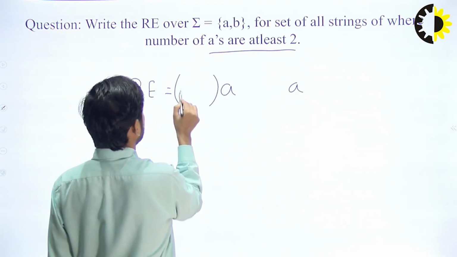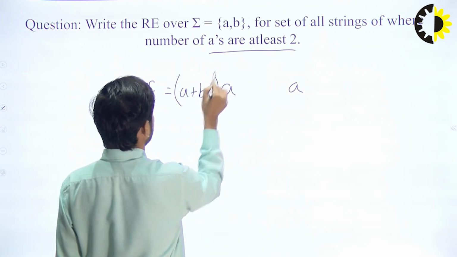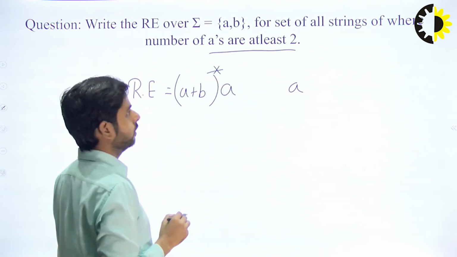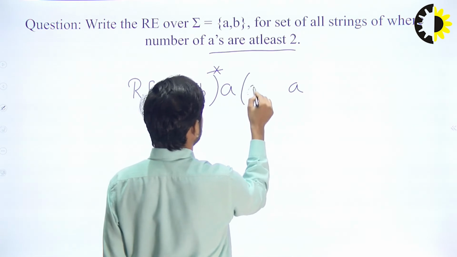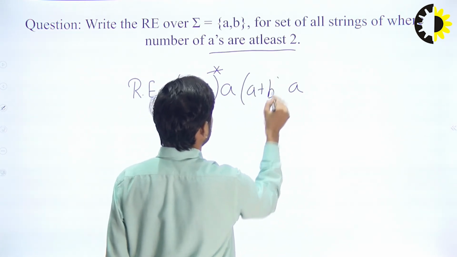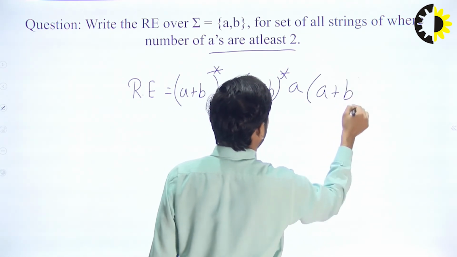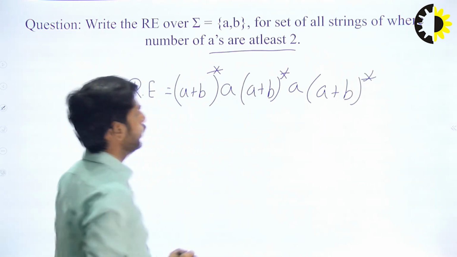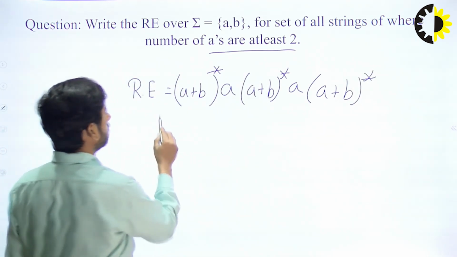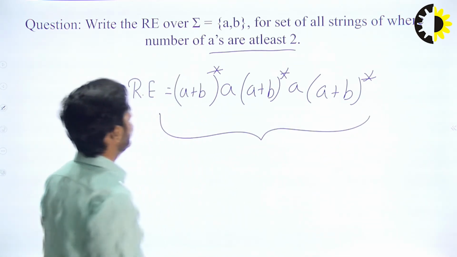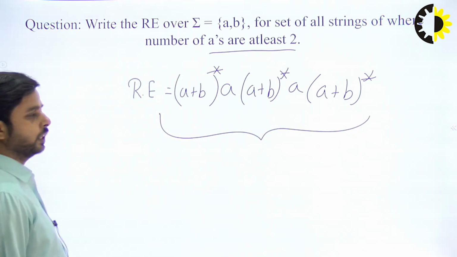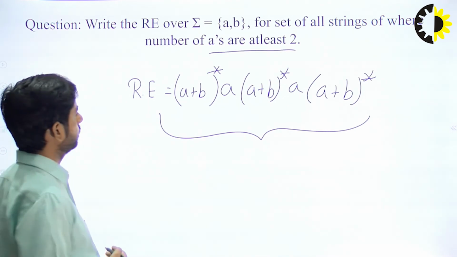Initially there can be any number of a and b. Okay, in between there can be any number of a and b, and at the end there can be any number of a and b. So this is the required expression for at least 2 a's.